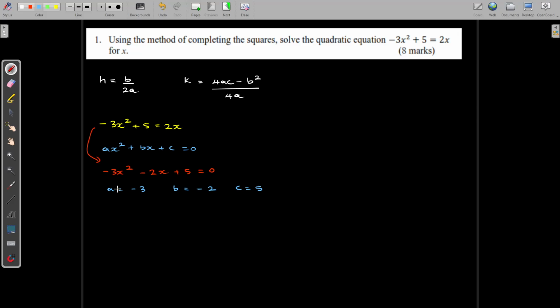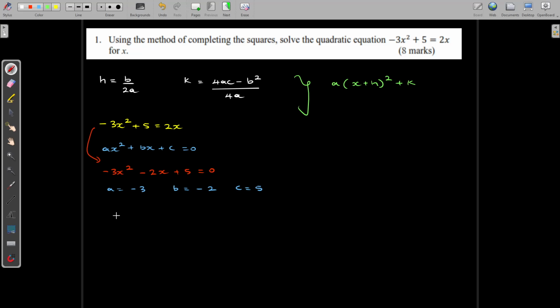So now that we have our a, b, and c, we can calculate h and k, because in order to solve using completing the squares, we need to rewrite it in the form a open bracket x plus h close bracket all squared plus k.